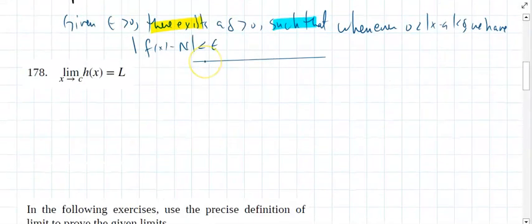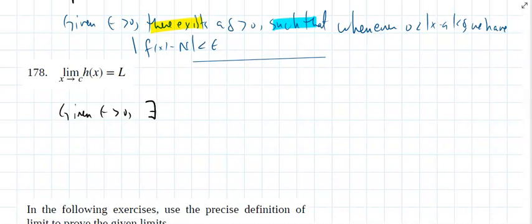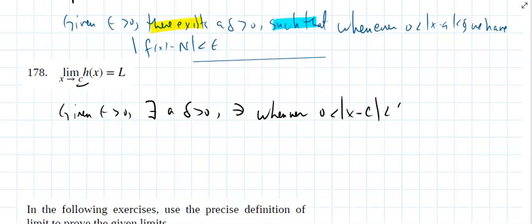Okay, and here if I wanted to do this, the same deal, I would say, well, given epsilon bigger than 0, there exists a delta bigger than 0 such that whenever x minus c in this case is less than delta, we have the absolute value of the difference of those being less than epsilon.